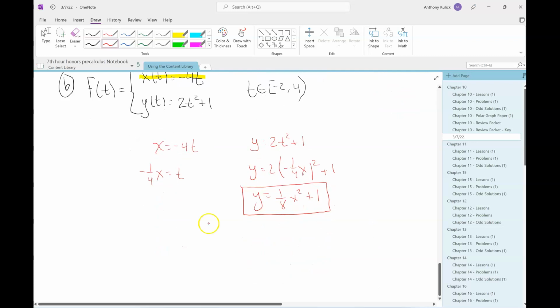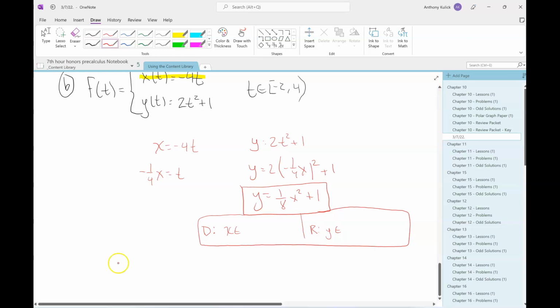Eliminating the parameter is usually fairly straightforward. Make a little spot to write down our answer to go with it.